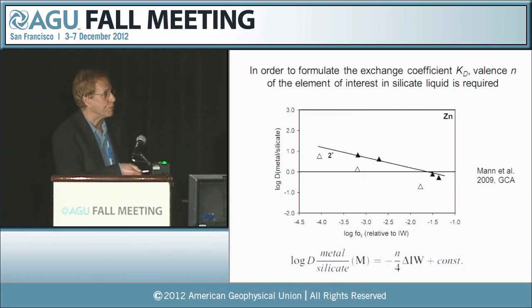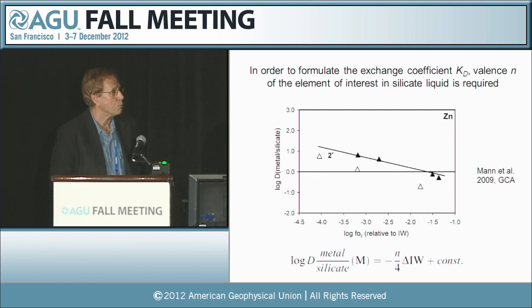And to get low oxygen fugacities, the traditional way is to add silicon to the sample. The silicon goes into the liquid iron and reduces the oxygen fugacity. But of course, if it's also causing interaction with the element of interest, then we're likely to get the wrong valence.